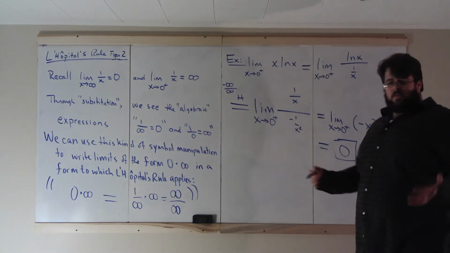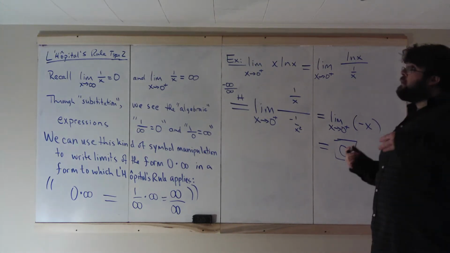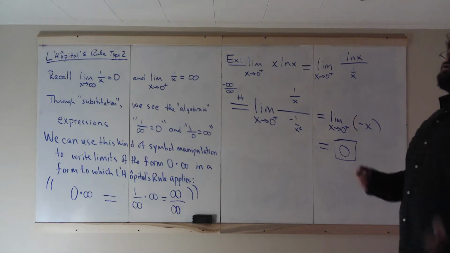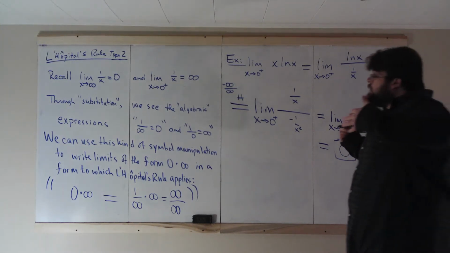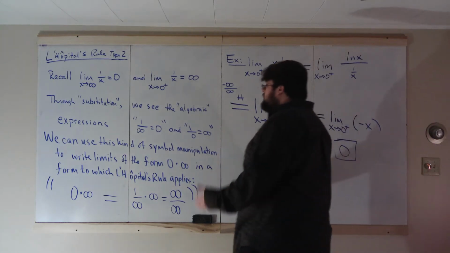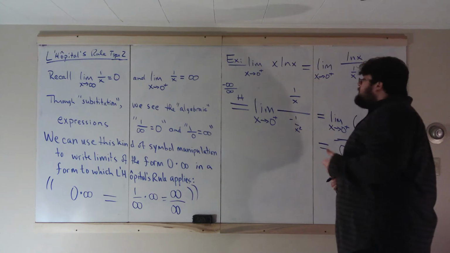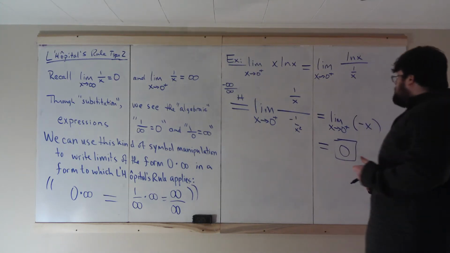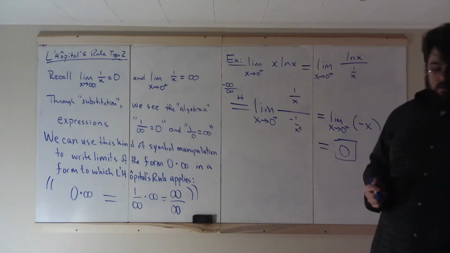Now this L'Hopital's rule type 2 section actually has 3 other forms to which we can use symbol manipulation to get our original limit into a form on which we can apply L'Hopital's rule. I might have lost myself halfway through that sentence. But let's look at a couple more observations.